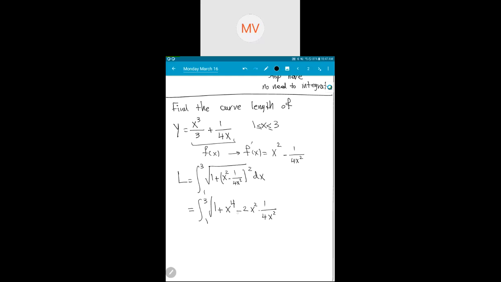That's why we have negative 2x squared over 4x squared. If it was plus, this would have been plus. And if you square 1 over 4x squared, it becomes 1 over 16 x to the 4th, right? dx.